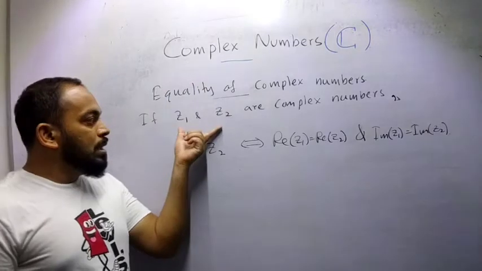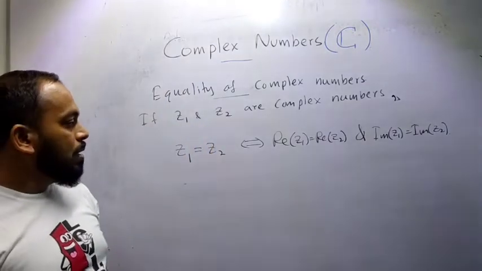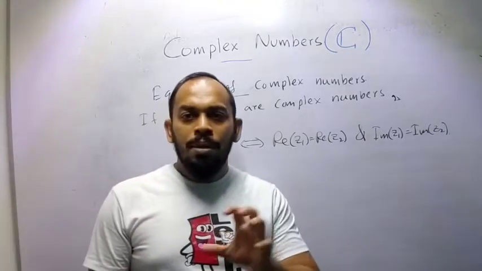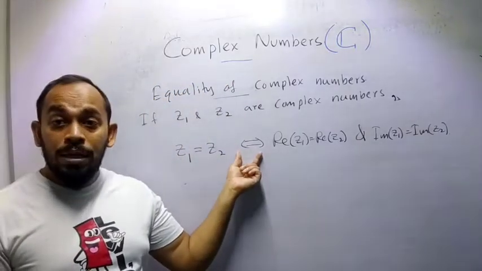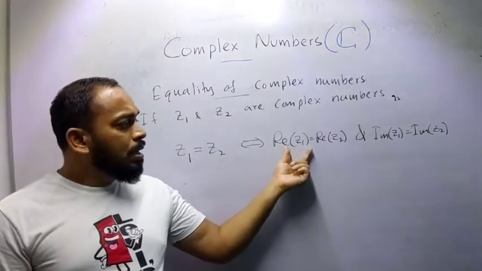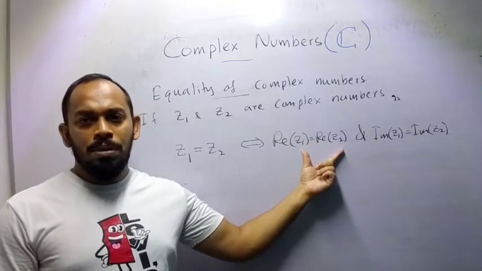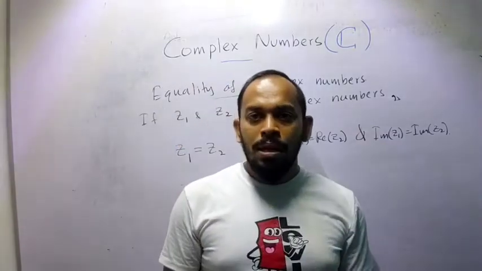If z1 and z2 are two complex numbers, z1 equals z2 implies both ways: the real parts of the two complex numbers are equal, and the imaginary parts of the two complex numbers are equal.